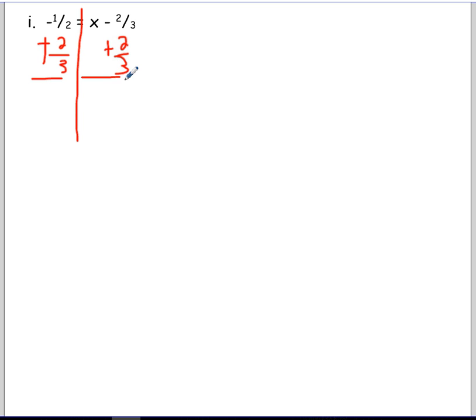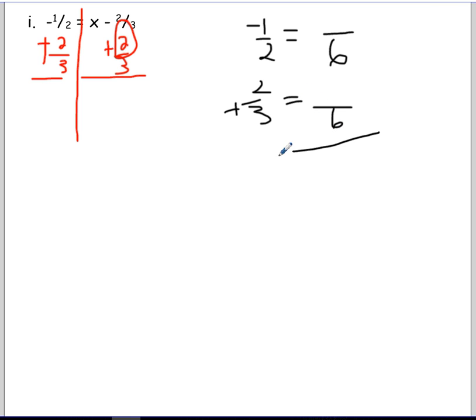And I'll put my work over to the side to show my common denominator. So we have negative 1/2. Between 2 and 3, we can only use 6. And then plus 2/3. That equals something over 6. So there's my structure. 2 times 3 is 6, so negative 1 times 3 is negative 3.